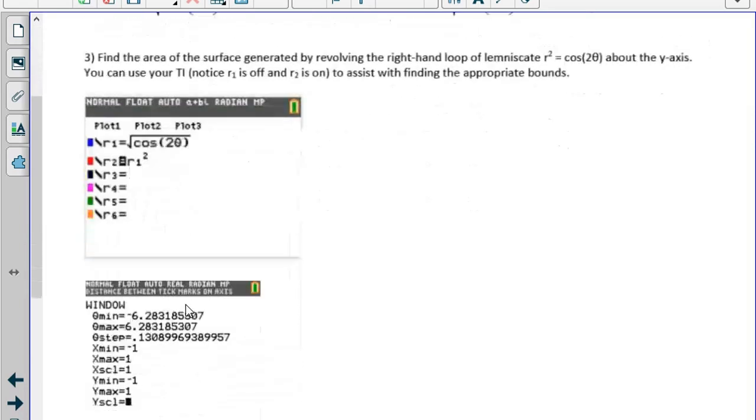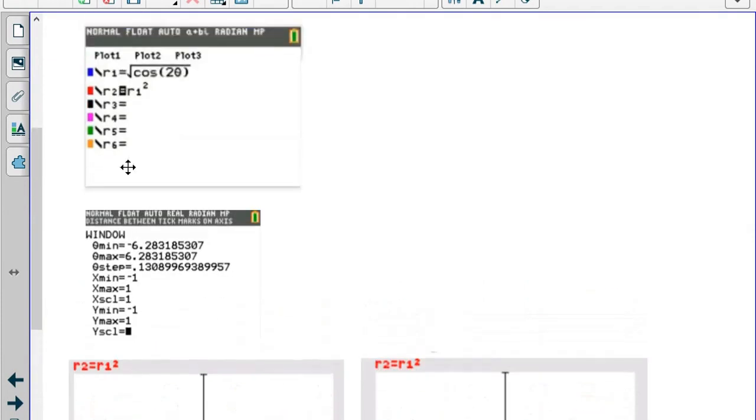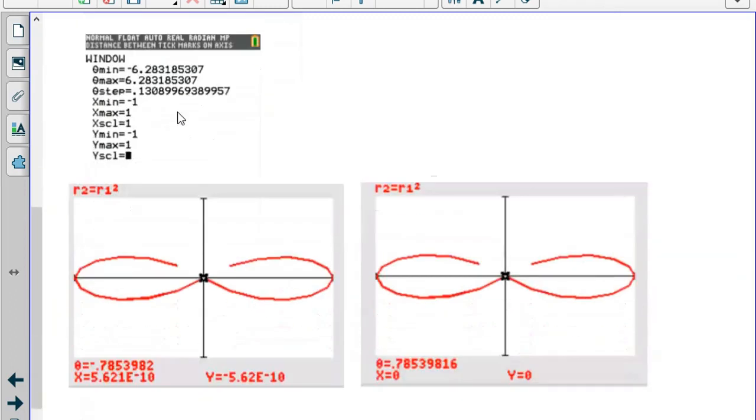When you graph this on the calculator, I actually did it and showed you what my window was and what my theta min and max were. But notice that there are going to be some things that the calculator can't handle, because when you type this in, you're dealing with a square root. It doesn't actually have r squared on one side. So you have to kind of live with the best thing you can.